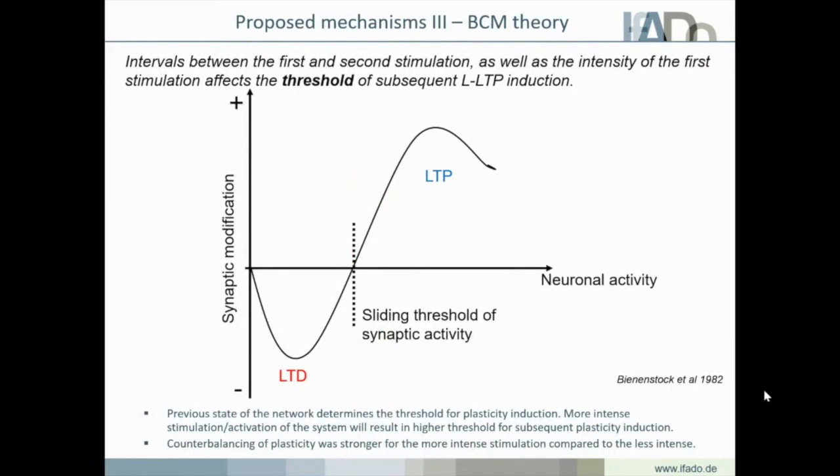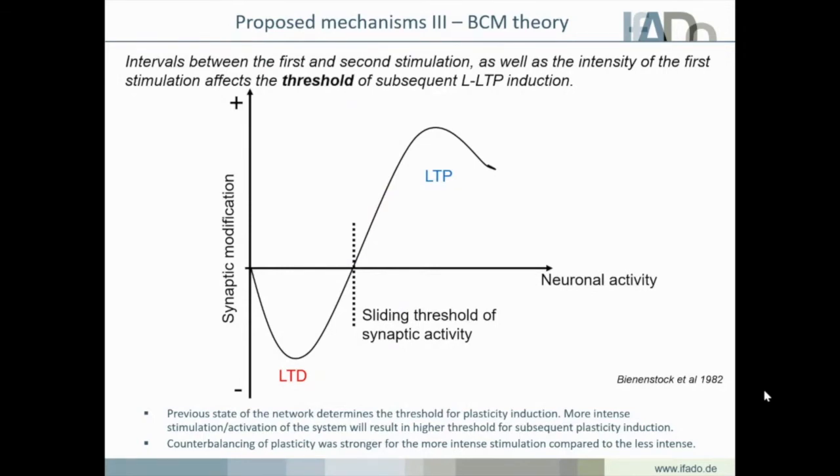Finally, we suggested that the lack of late phase LTP-like plasticity for the optimal protocol or the stronger protocol could also be a result of the synaptic modification. So according to the BCM theory, the ability to induce plasticity depends critically on the previous state of the network.